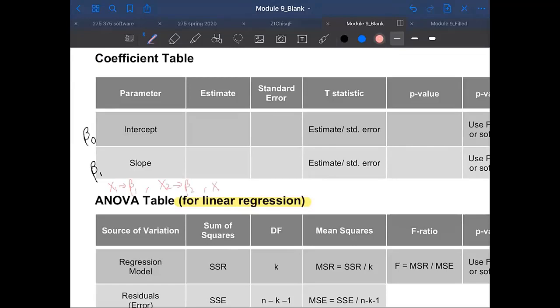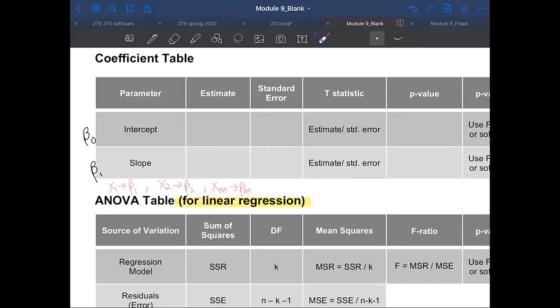For example, if you have xm, you're going to have a beta m. That's why over here I like to use beta 1, because we only have one slope. What I just wrote down is for 375, but I like to be consistent whenever I talk about linear regression, regardless whether it's simple or multiple.